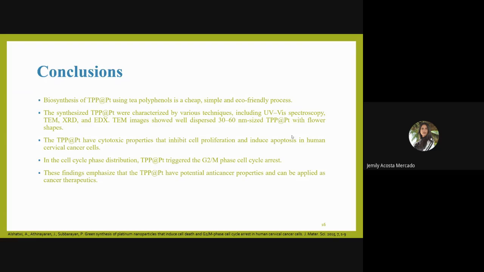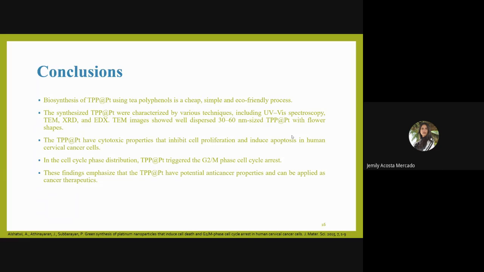The synthesis of the nanoparticle was characterized by various techniques using UV-Vis spectroscopy, TEM, XRD, and EDX. The TEM image shows well-dispersed nanoparticles of 30 to 60 nanometers in size with a flower shape.